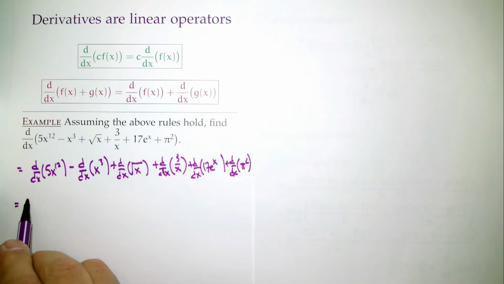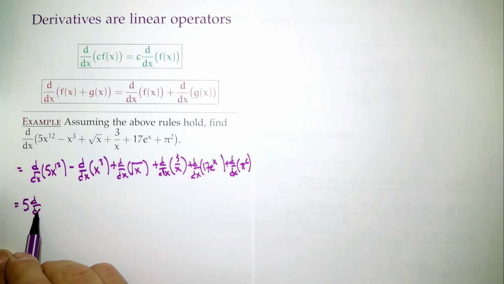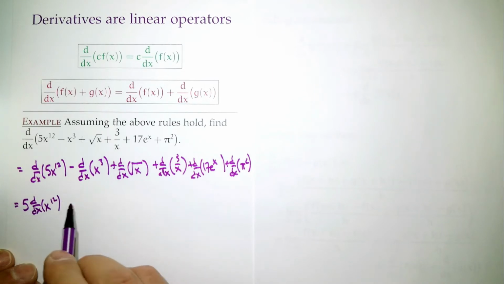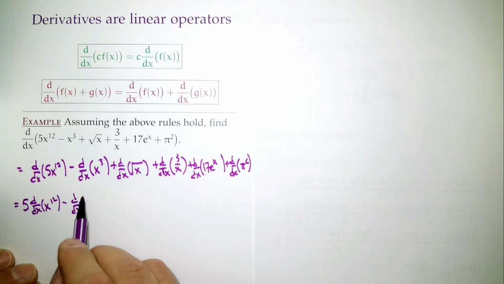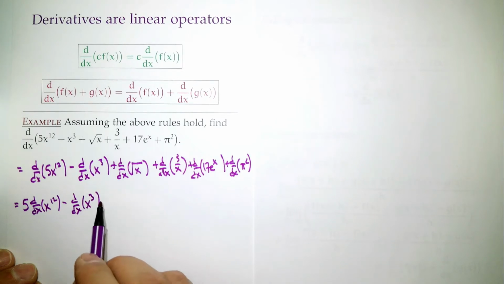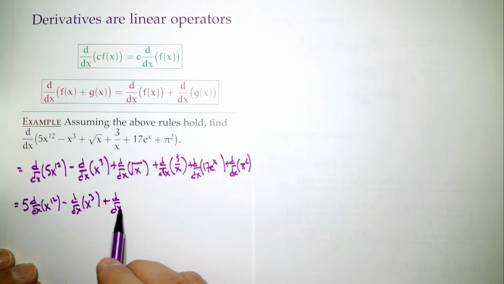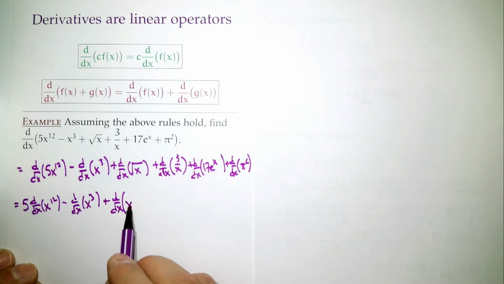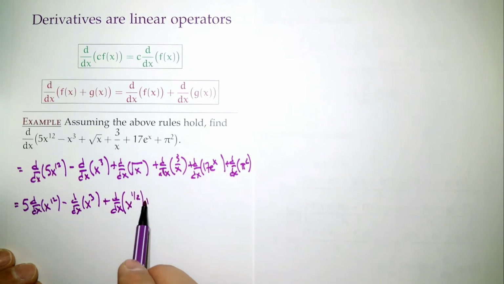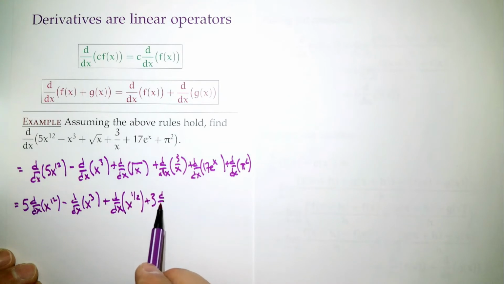So this is 5 times the derivative of x to the 12th minus the derivative of x cubed plus the derivative, and what do we do with square root of x? X to the 1/2. We make it calculus friendly. What do we do with this? Well, the 3 comes out, but what do we do with this 1 over x? What does it become?